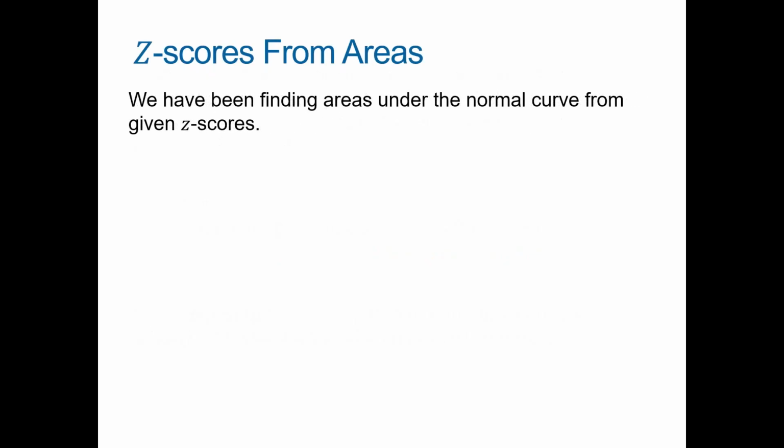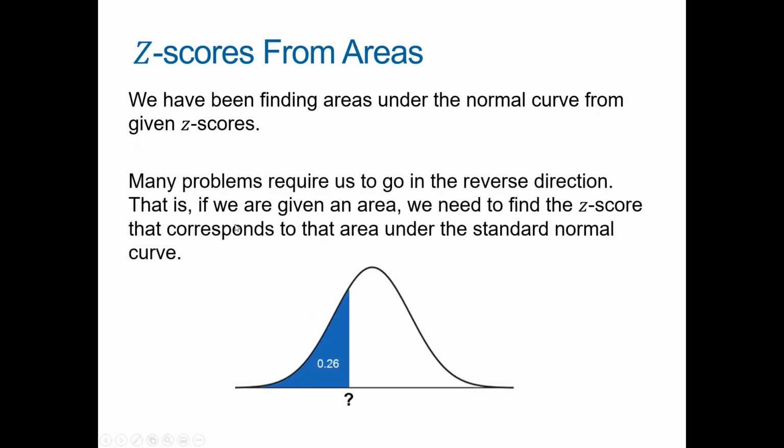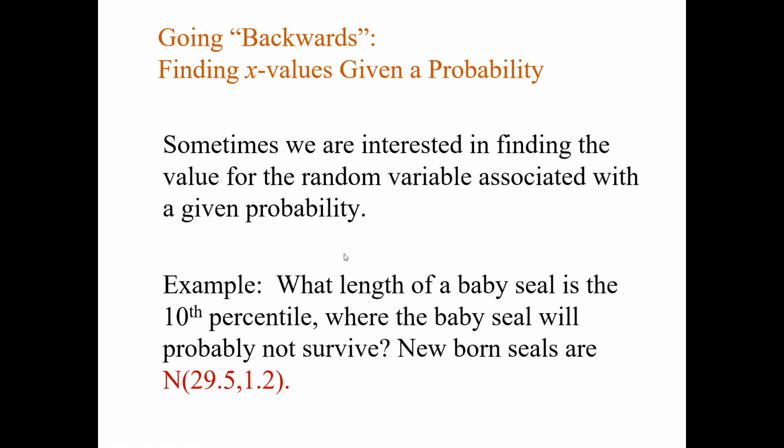So we have been finding areas under the normal curve from given z-scores, but many problems require us to go in the reverse direction. That is, if we are given an area, we need to find a z-score that corresponds to that area. So let's go backwards, finding the x values given a probability. What is the length of a baby seal that's in the 10th percentile, meaning 10% are to the left of it?